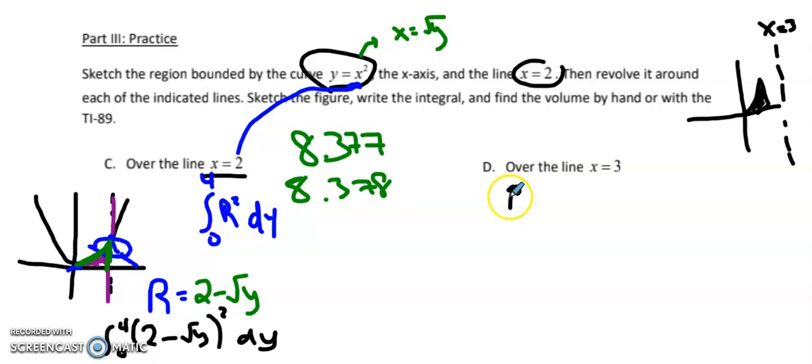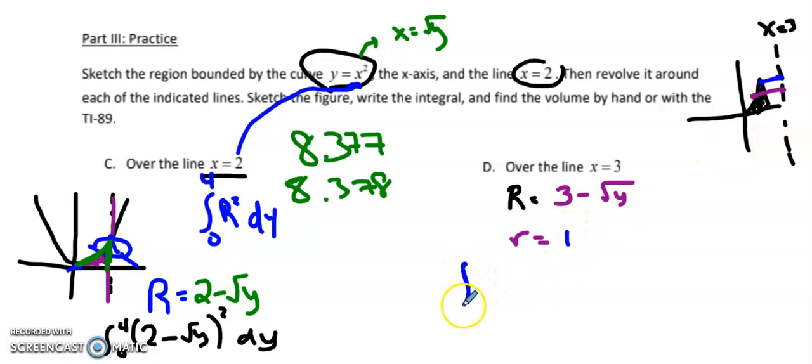So let's first start by finding big R. I find big R by taking the distance from the axis of revolution to the outer portion of the region. Remember, you always do right minus left if you're revolving around a vertical line. So I'm going to have 3, which is my rightmost curve, minus the square root of y, which is my leftmost curve. And then little r is the distance between my axis of revolution and the innermost portion of my region, which in this case is just 1.